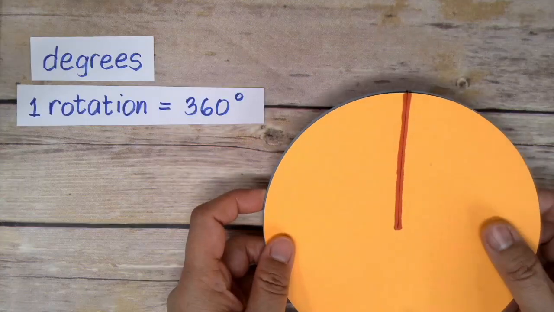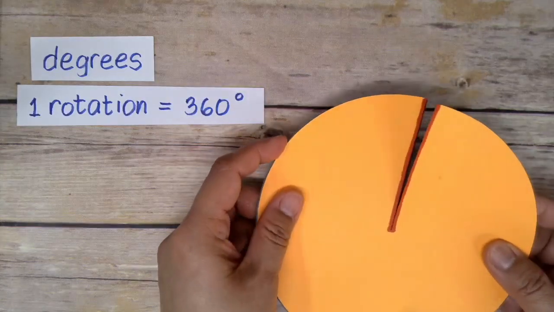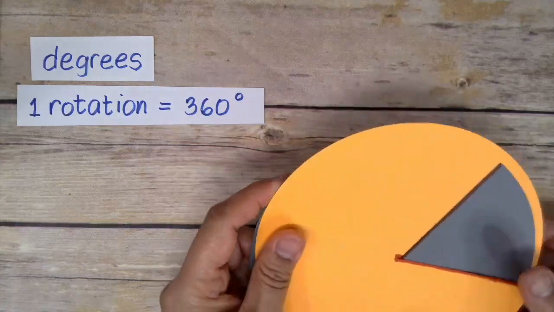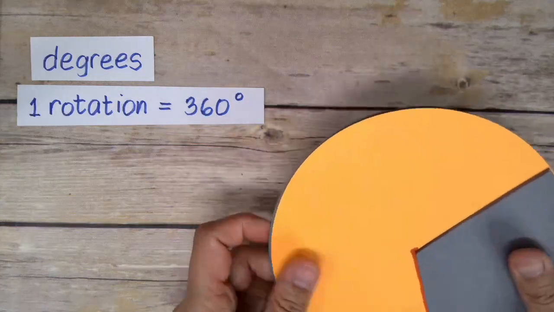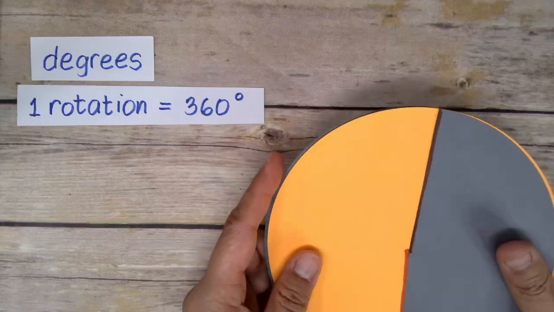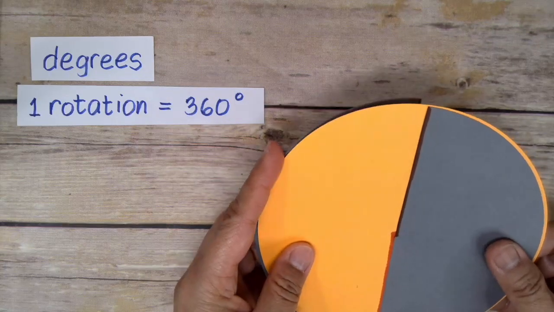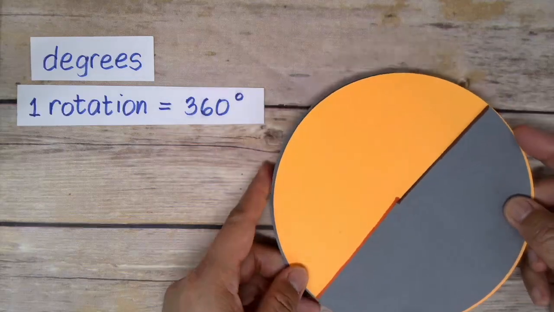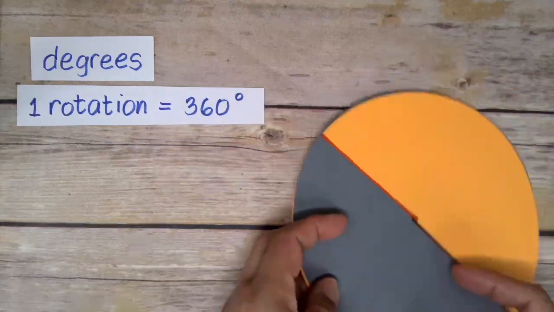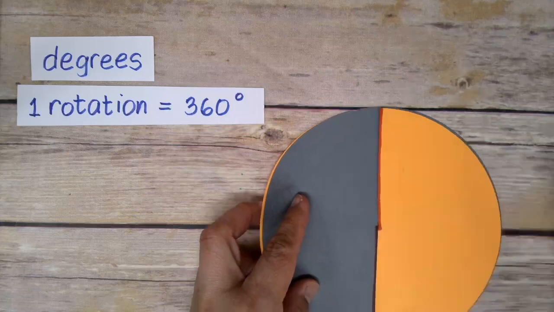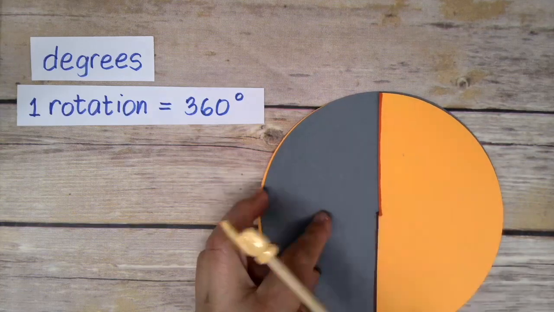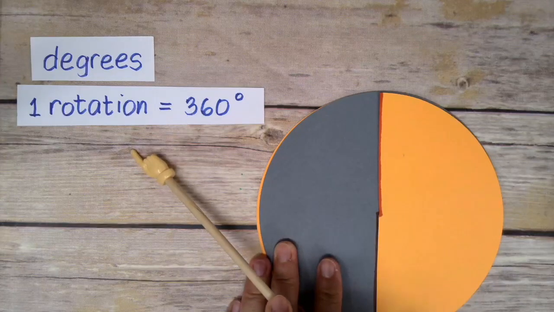Earlier I showed you a situation wherein half of the circle was gray and half was orange, which means that the line segment had just made half of a rotation. So this is also another angle, and the size of this angle is equivalent to half of a rotation.